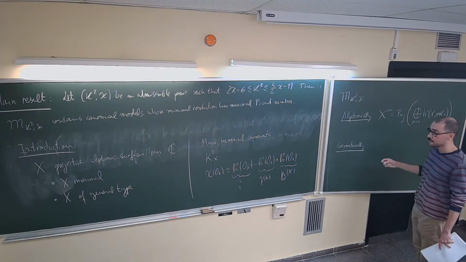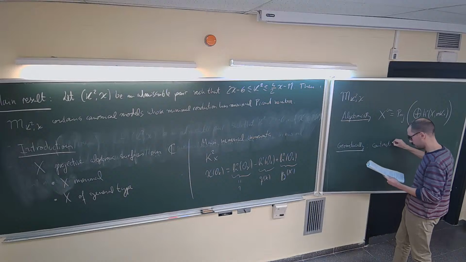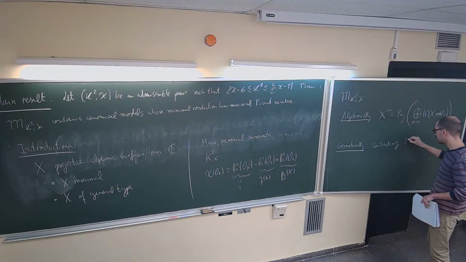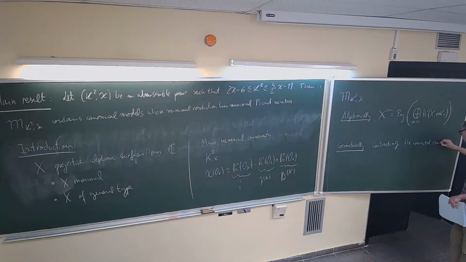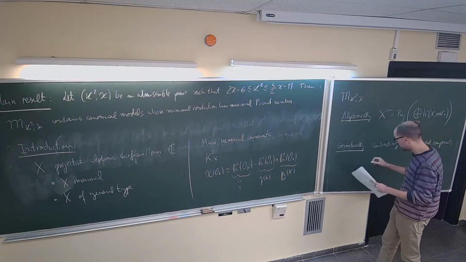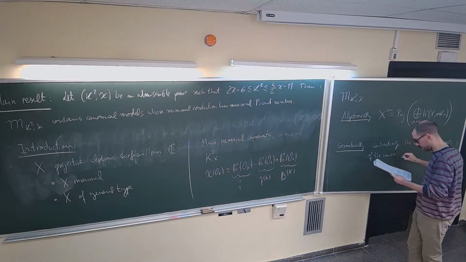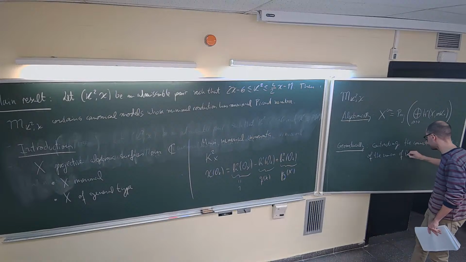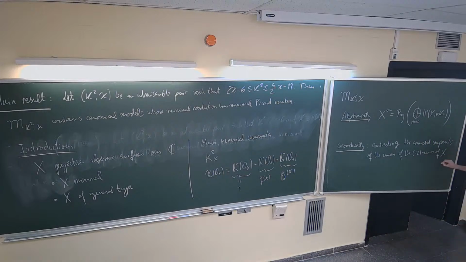Basically what we have to do is to contract the connected components of the union of the -2 curves of X.